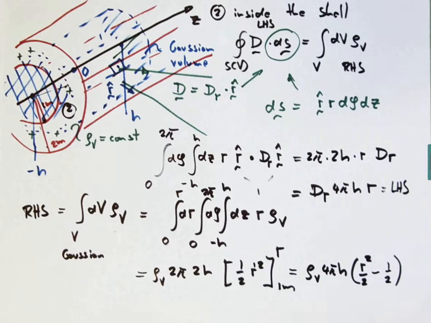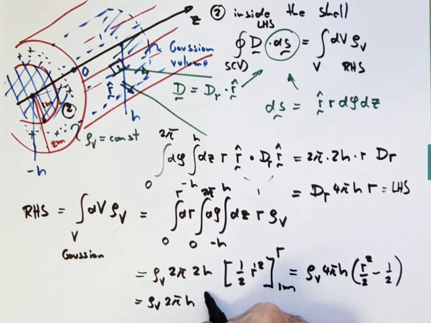So my solution here is equal to that, and I can pull out the 1/2, so I get rho v 2 pi h times (r squared minus 1). That's the right hand side.